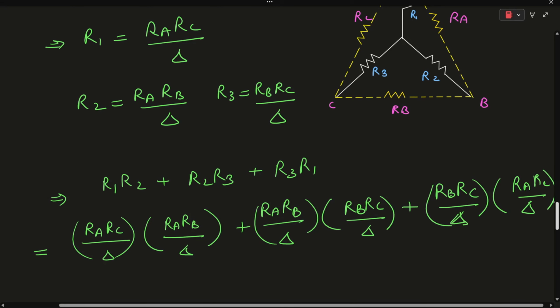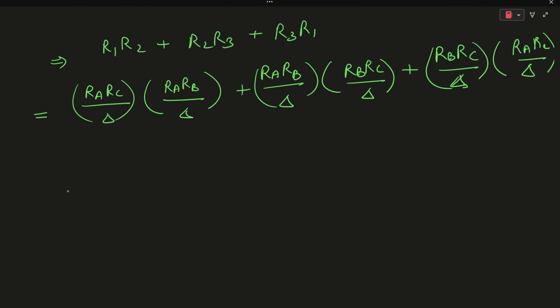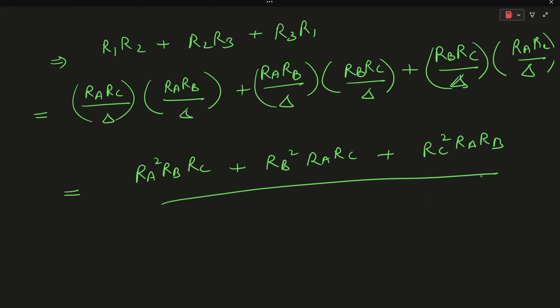On simplifying this equation, we get RA square RBRC plus RB square RARC plus RC square RARB upon delta square.